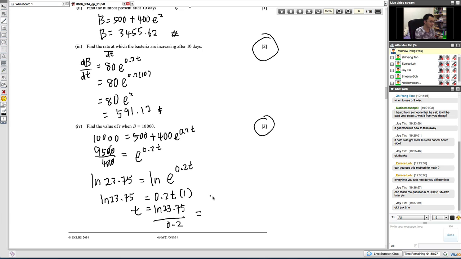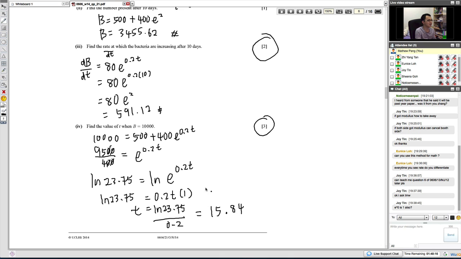So that means in order to have 10,000 bacteria, they will at least need 15 days. But this is 15.84. It asks you to find the value of t, so the question doesn't really ask for the exact number of days. So you can write 15.84.